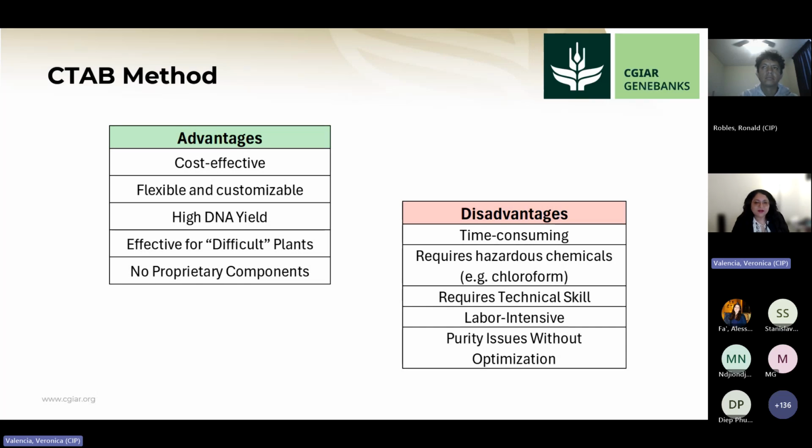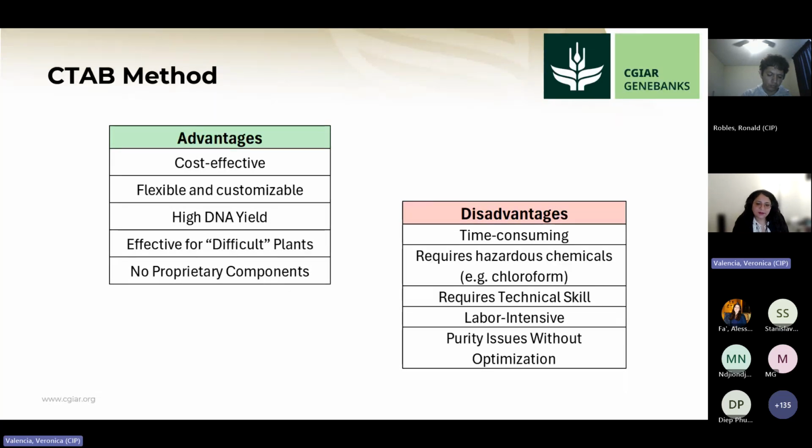So we have to be in the lab all day, and it requires hazardous chemicals like chloroform that can burn, and you cannot even smell the chloroform. So it's a hazardous chemical. It requires technical skill. You have to depend on user expertise, and you have to practice a lot for the protocol to work correctly.